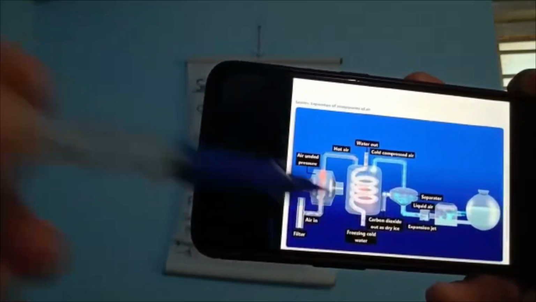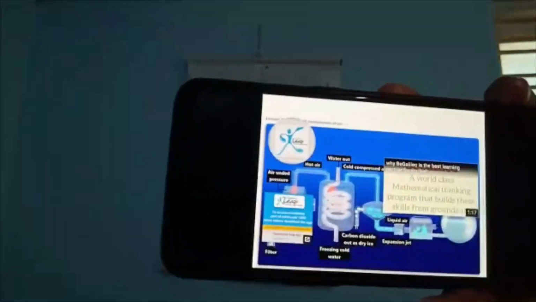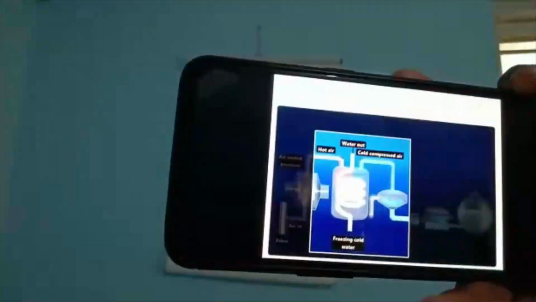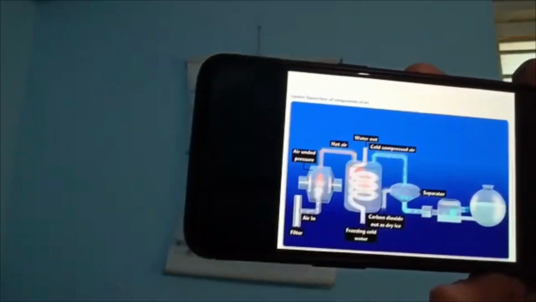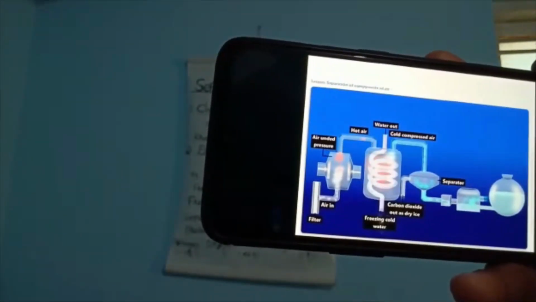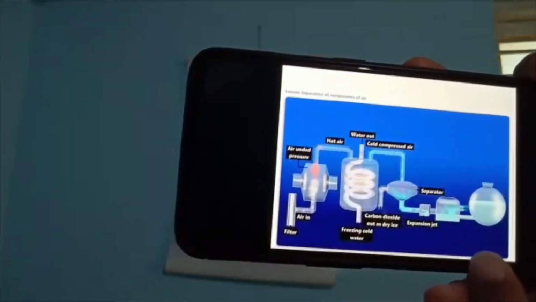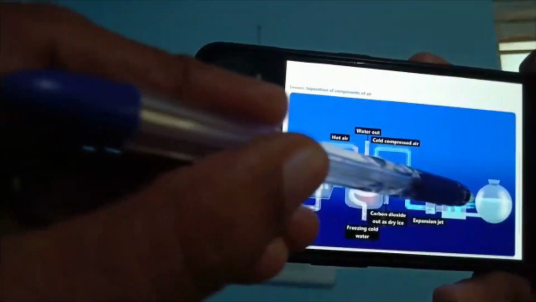And then there is a hole. You can see, children, see this. Nitrogen gas and argon gas are expelled out. The boiling point of nitrogen is minus 196 degrees Celsius and argon is minus 186 degrees Celsius. So at that time the gases are separating out through this hole.